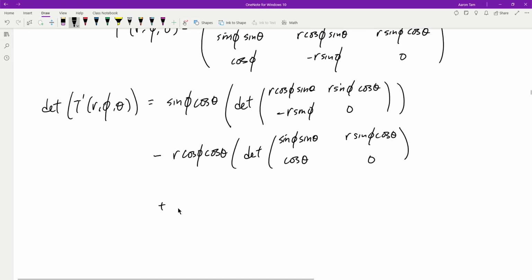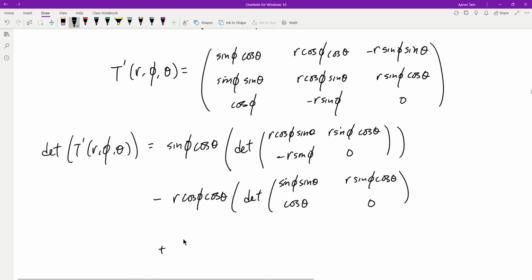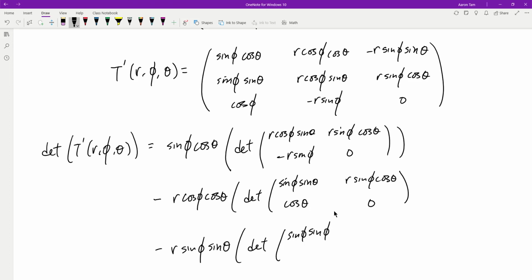And then the last term is negative r sine phi, so I actually wind up with minus also, multiplied by the determinant of sine phi cosine theta, sine phi sine theta, r cosine phi cosine theta, r cosine phi sine theta, and then negative r sine phi.